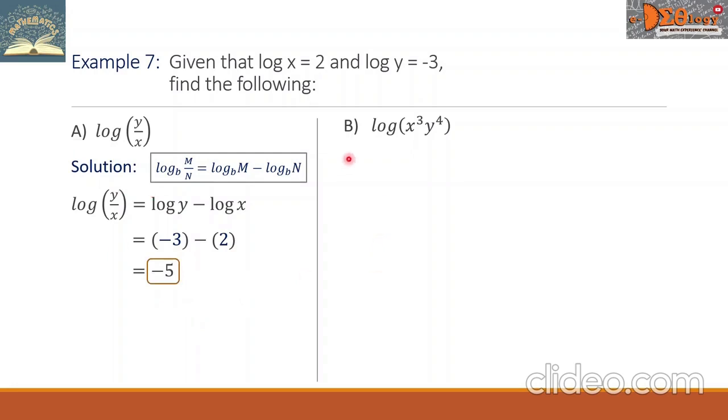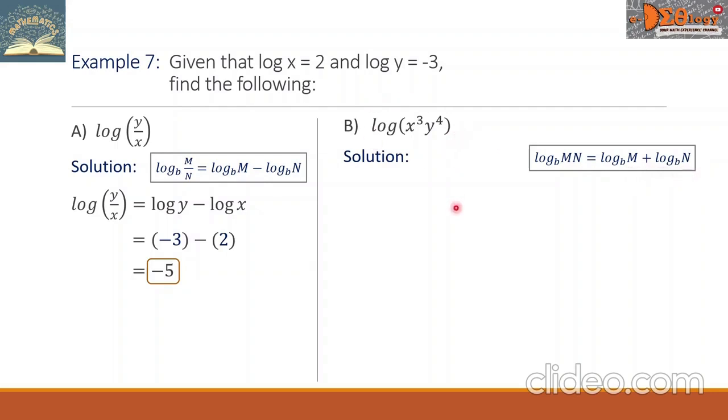Let's go to problem B. Log of the quantity x cubed times y raised to 4. We have the log of the product mn base b equals the log of m base b plus the log of n base b.